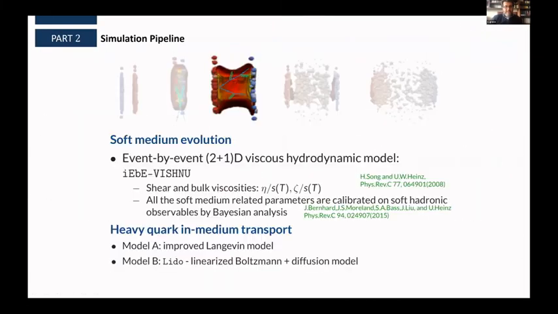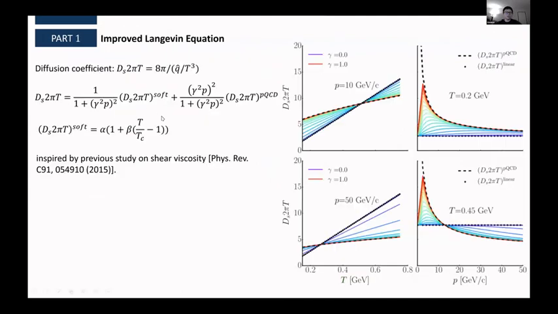So these Ds are just constant numbers, or when you say Ds pQCD, they also have momentum dependence? Yes. So if you look at these two plots here, you can see the Ds 2πT pQCD is dependent on the momentum as well.